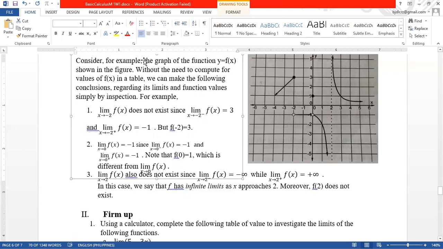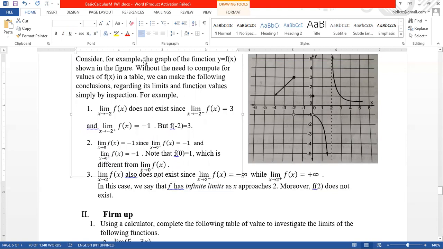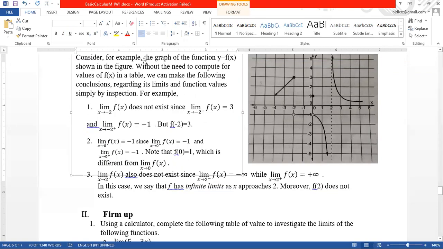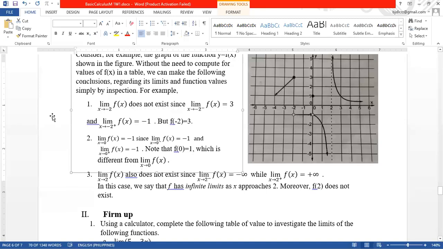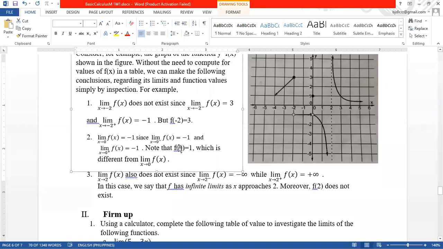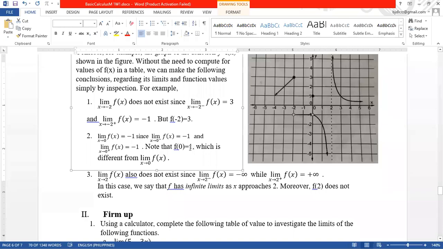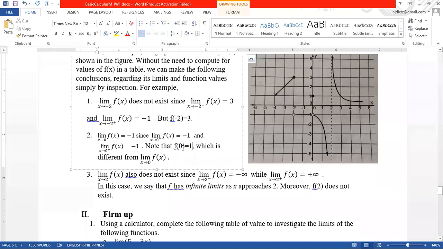Okay. So next is ang f of 0. So ang giingon is substitute diretso ang 0 sa x ni f of x. Makita nato nga hollow siya.